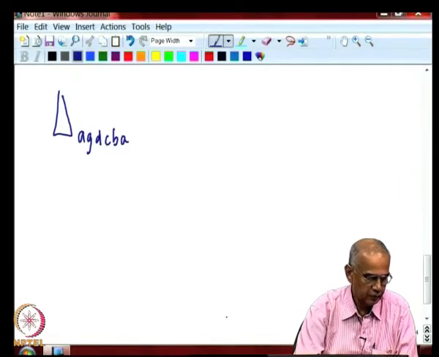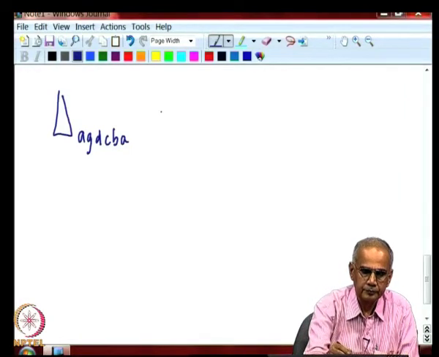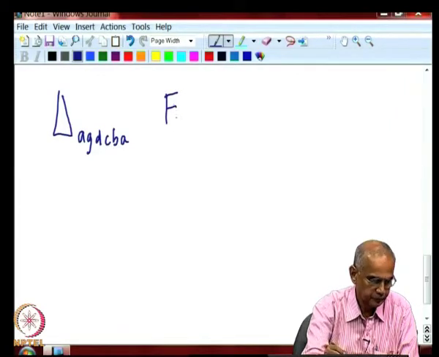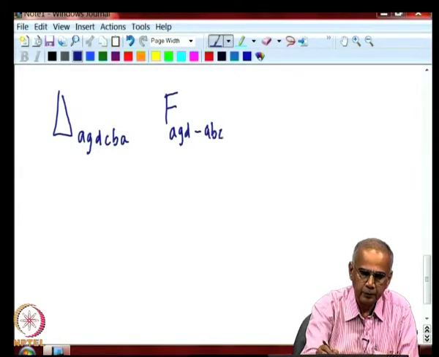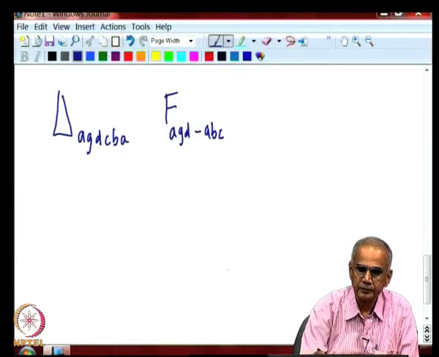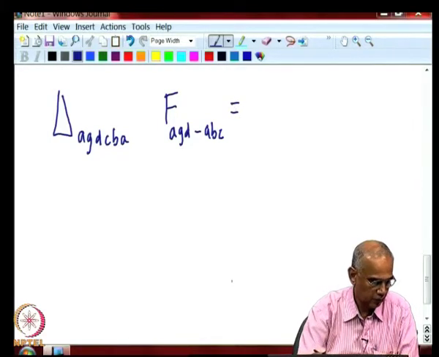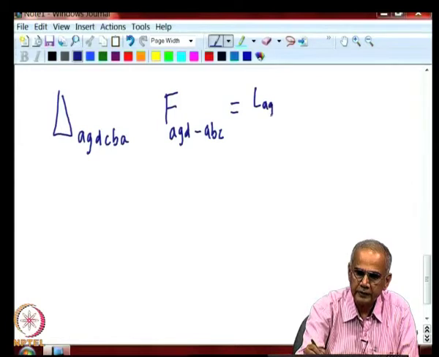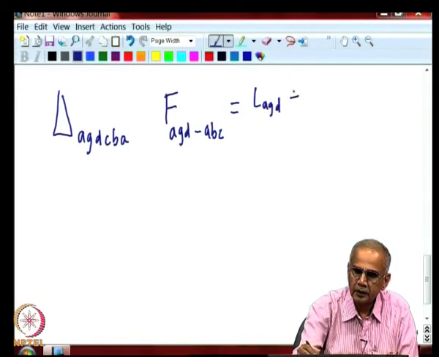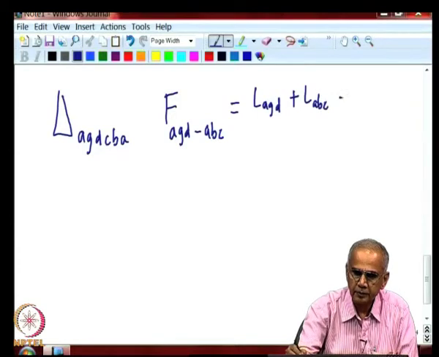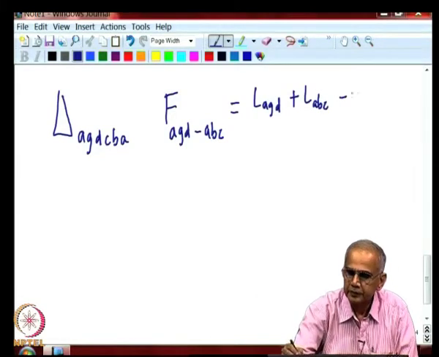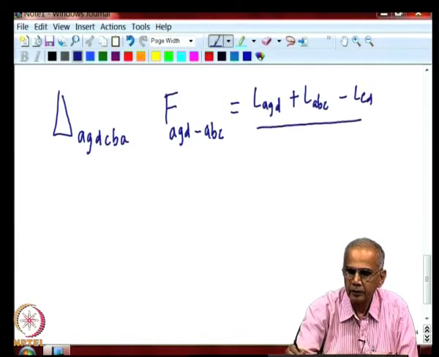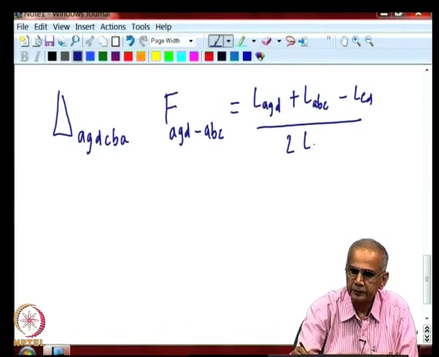So, for the triangle, from the formula for a triangle, you can write F AGD to ABC, both are concave surfaces, and according to the triangle law we derived, this will be equal to length of AGD plus length of ABC minus length of CD divided by twice the length of AGD.